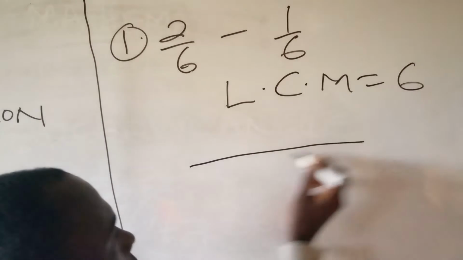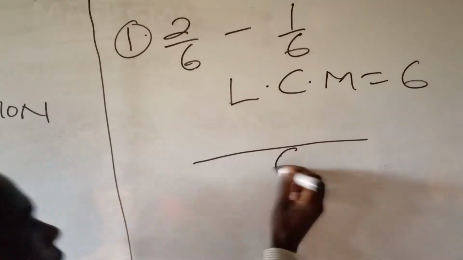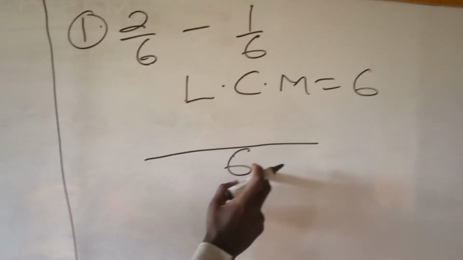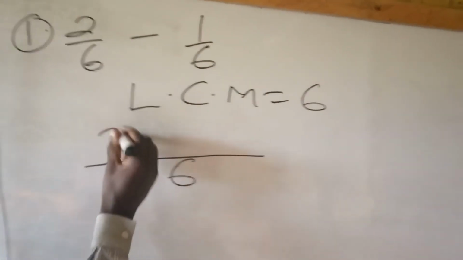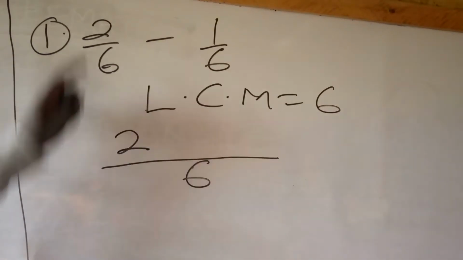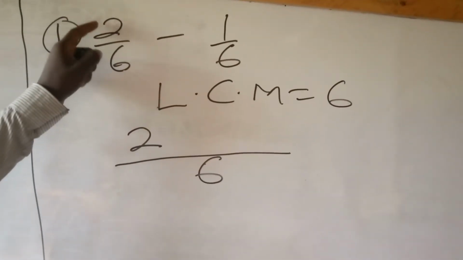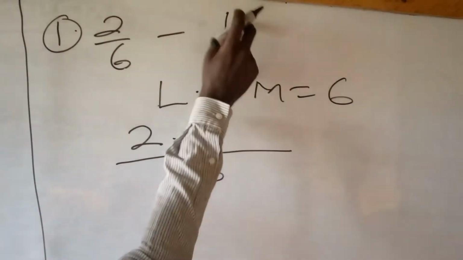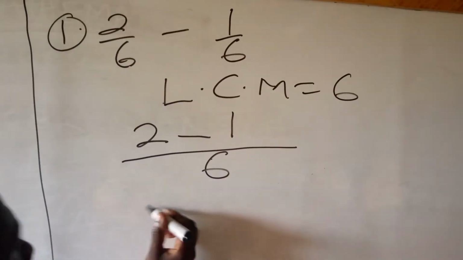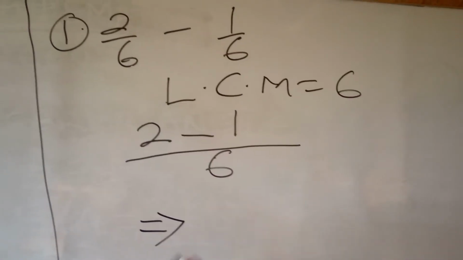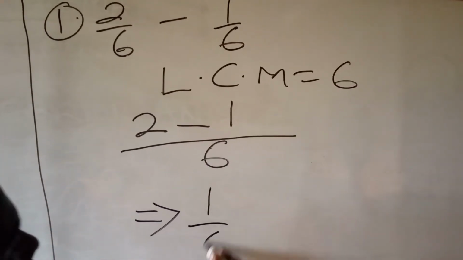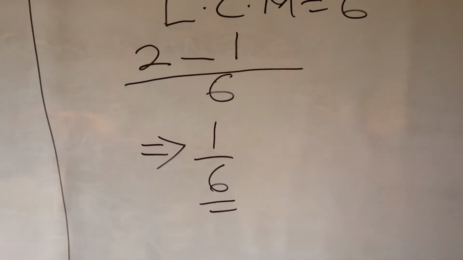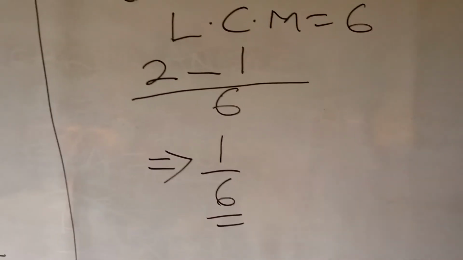You bring your division sign and bring the 6 to the bottom. 6 goes into 6, 1. 1 times 2 is 2. Always don't forget to multiply that number by this number. Minus, 6 goes into 6, 1. 1 times 1 is 1. So 2 minus 1, we are getting 1/6. I'm done with the first example.